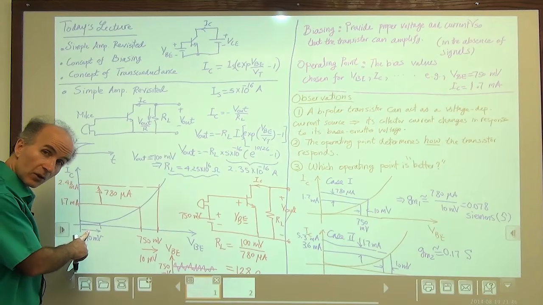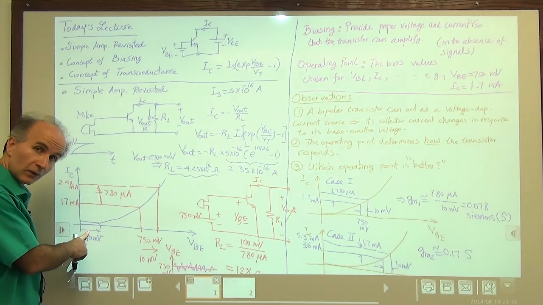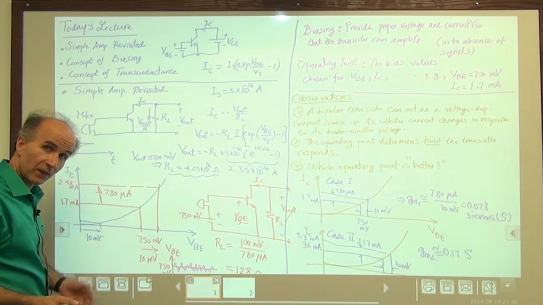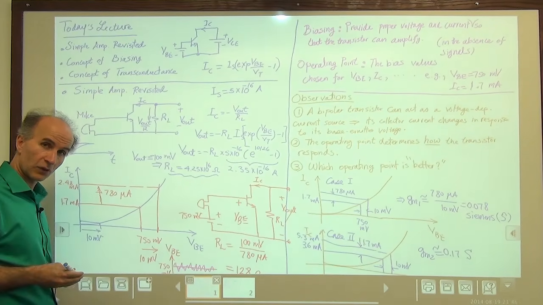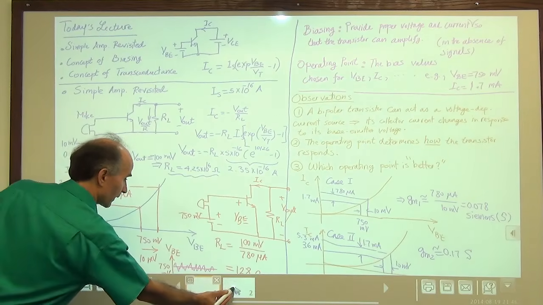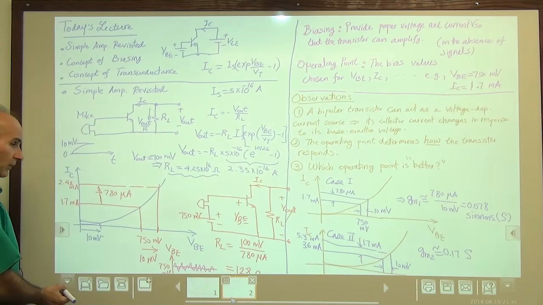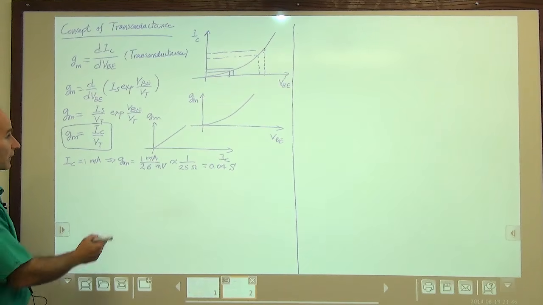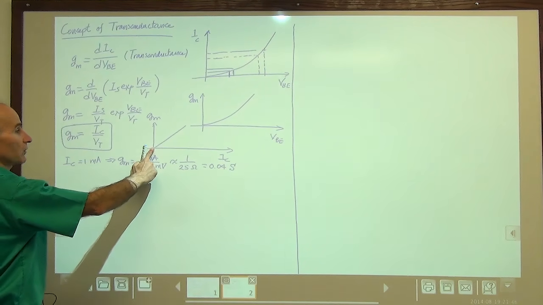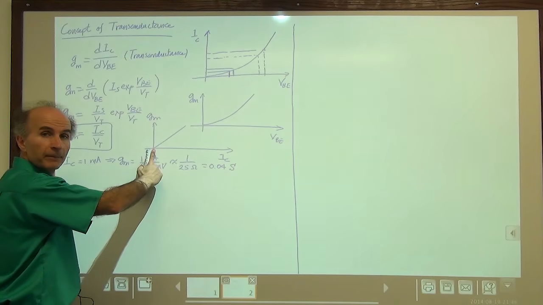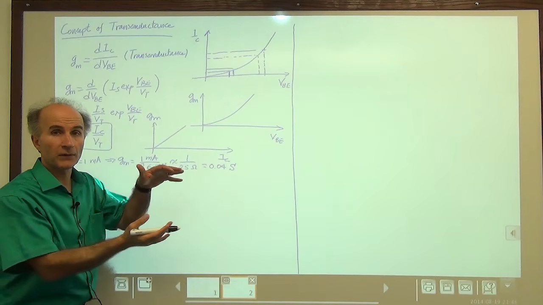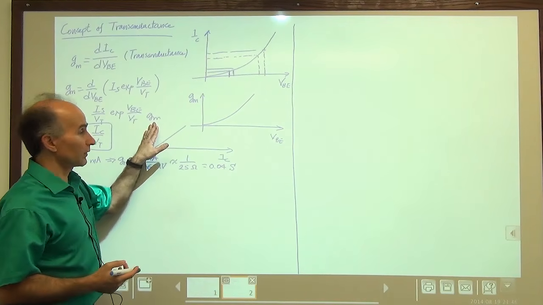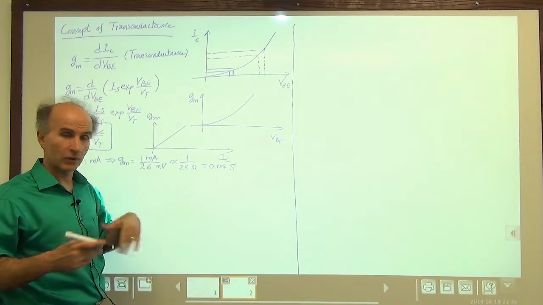When IC is 0, the transconductance is 0. So the transistor really doesn't have any strength, any sensitivity to base emitter voltage changes. And that's why we had no amplification. The circuit was pretty useless. So that's what we observe here. GM as a function of IC is 0 here, right? So when we don't give any bias to the base emitter voltage, we don't have any transconductance, we don't have any amplification, that's it.